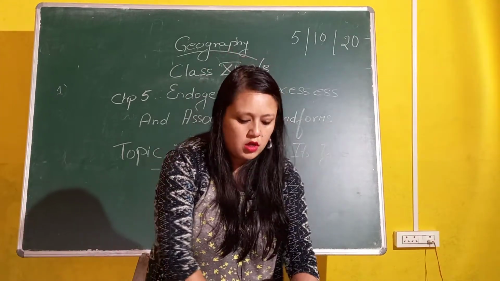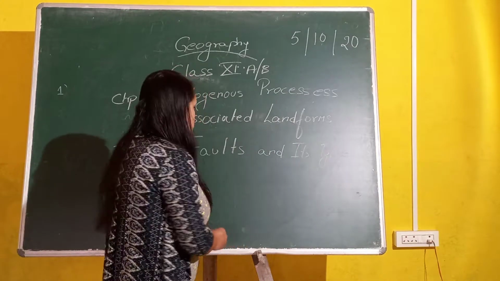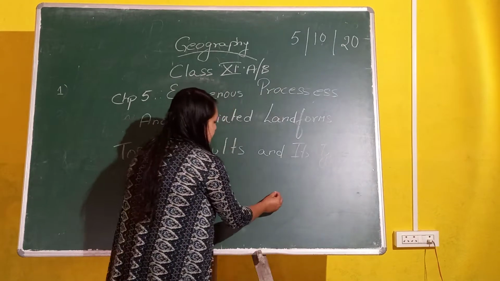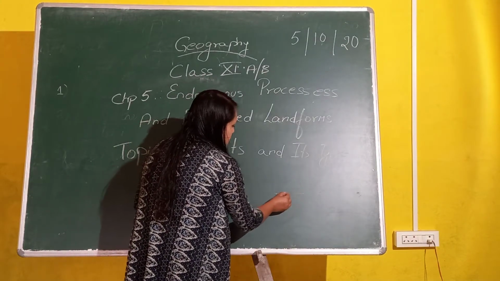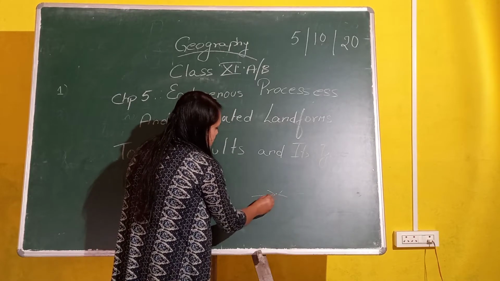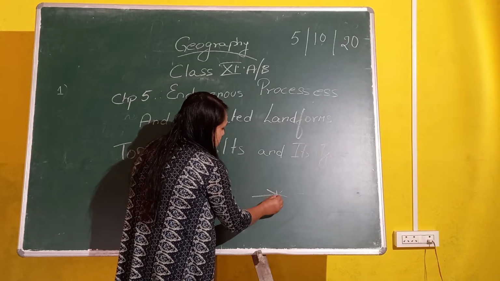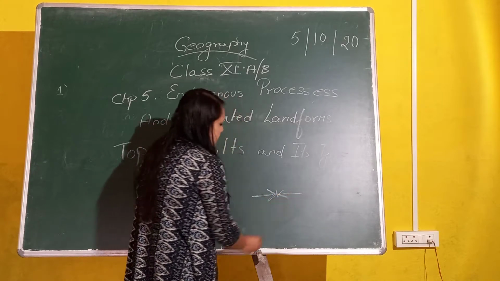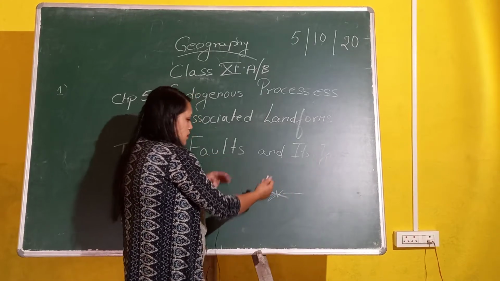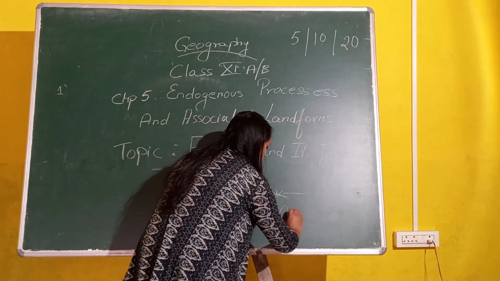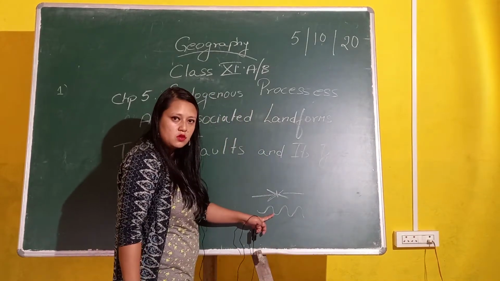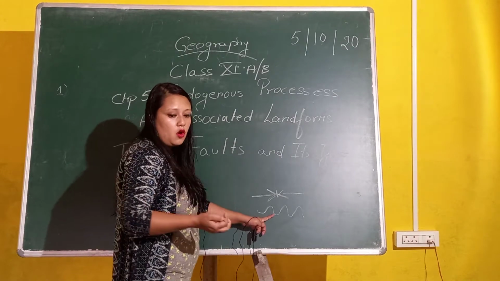You know that compression is when forces are acting on a single point from opposite directions, because the push is happening from different directions. A fold is caused, or a compression is caused. Faulting is just the opposite.